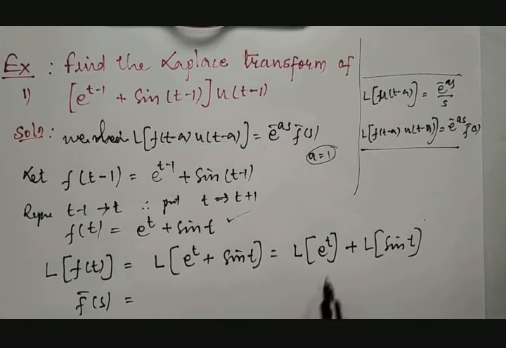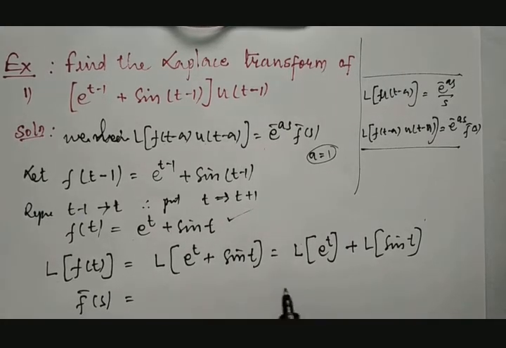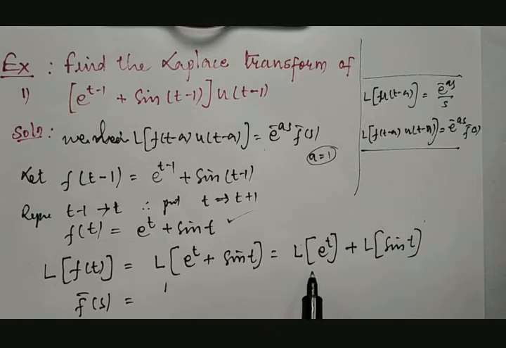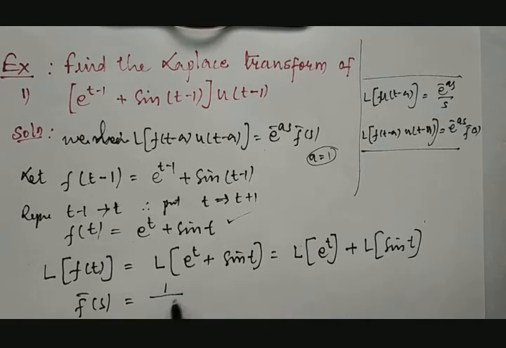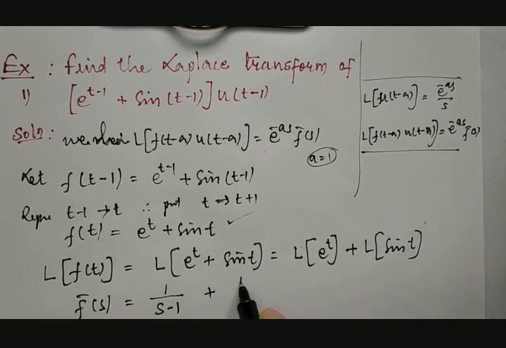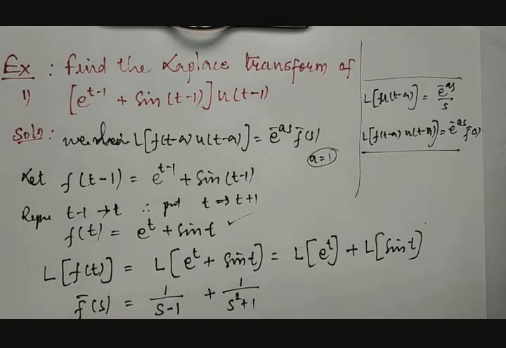The Laplace transformation of e raised to at is 1 divided by s minus a, therefore it is 1 divided by s minus 1, plus the Laplace transformation of sine at, a divided by s square plus a square. But a is equal to 1 here, therefore it is 1 divided by s square plus 1.